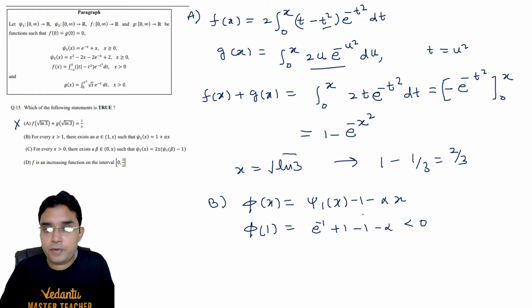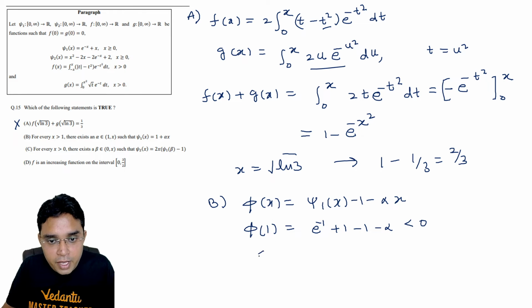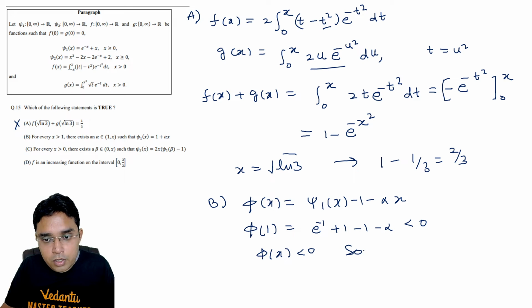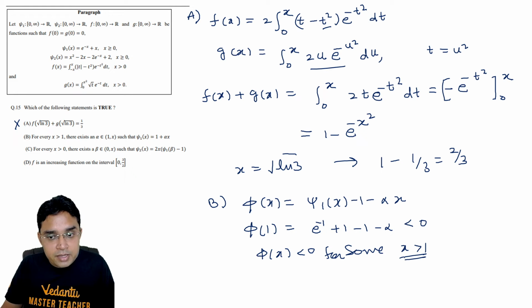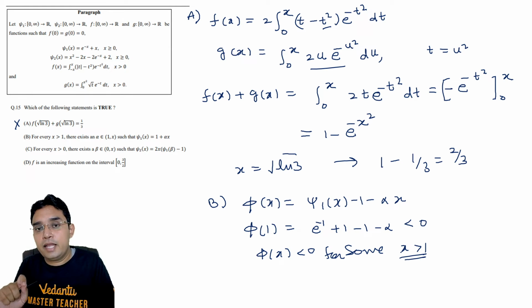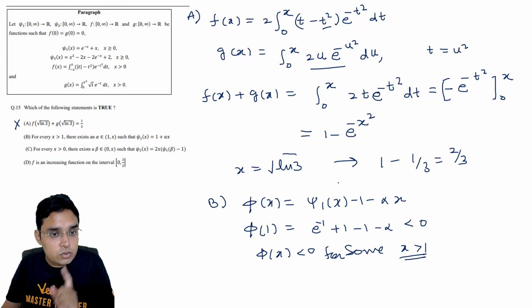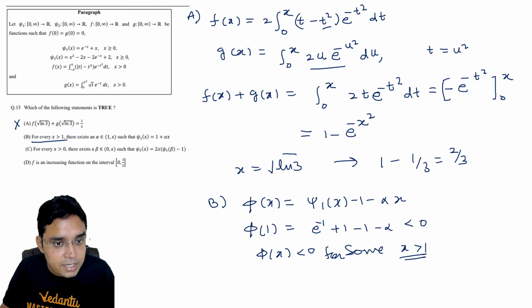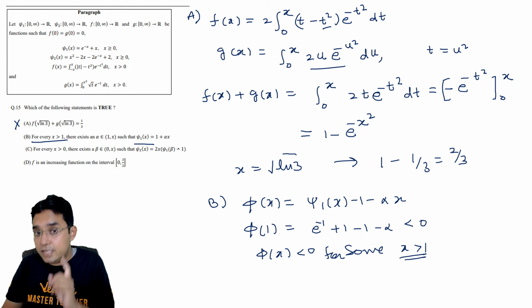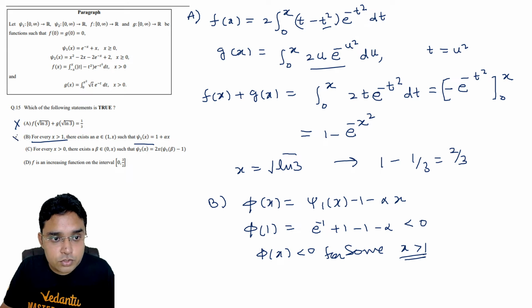We can always find some values of x greater than 1 for which phi of x will still be negative only, and between this x and 1 phi of x can be negative only, so it may not be equal to 0. So that means the statement that for every x greater than 1, psi1 of x will be equal to 1 plus alpha x is wrong. So this option is also wrong here.